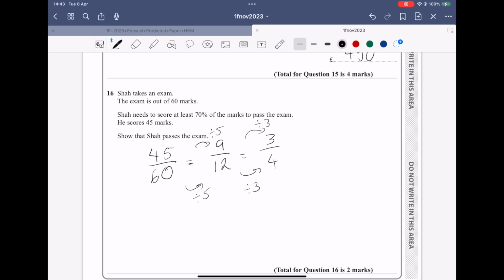You need to learn that a quarter is 25%, a half is 50%, and 3/4 is 75%. So that is equal to 75%. In fact, we don't even need to say yes. 75 is greater than 70, so Shah passes the exam. All right, that's how you need to do it.